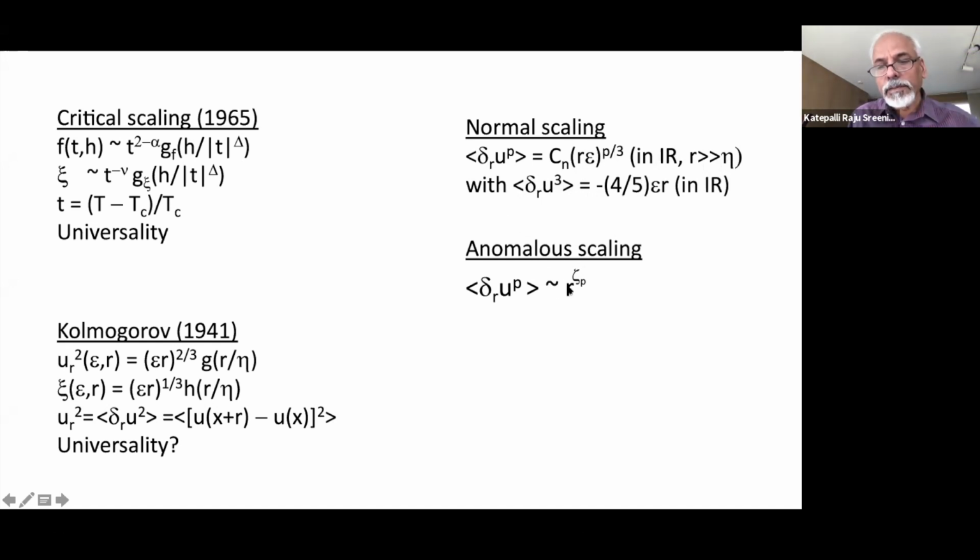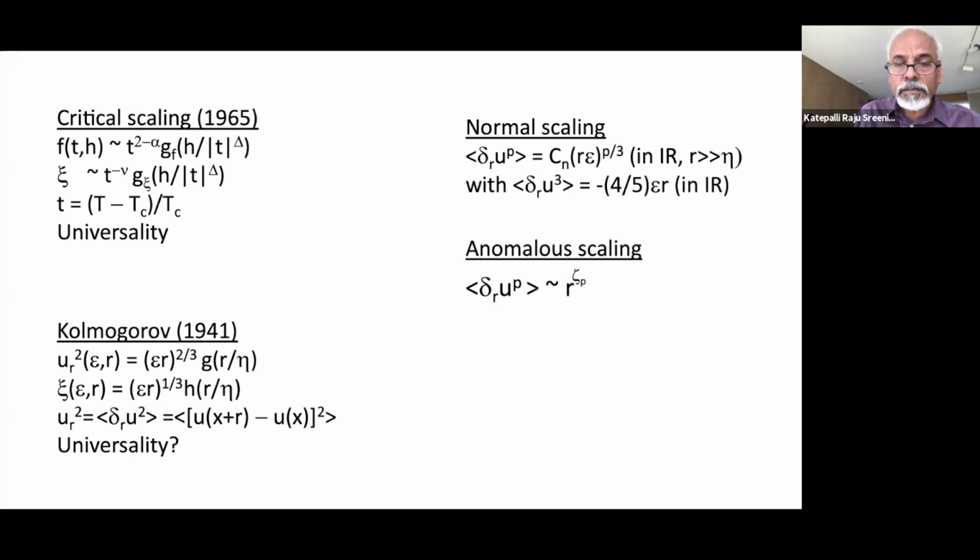I will say a little bit more about this, but it goes like some zeta p, which is not equal to p thirds. And this means that, since there is no relation between one zeta p and another, each moment has to be explored on its own merits.